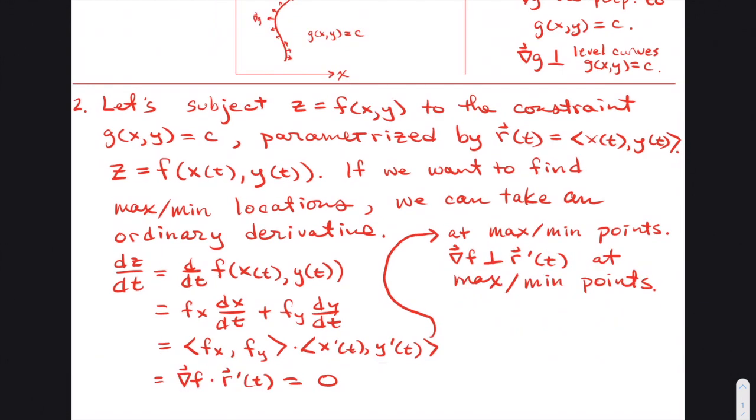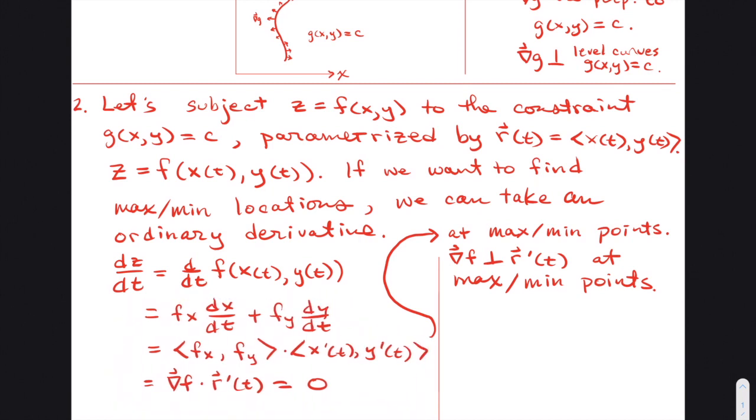So what we've got out of all of this is that the gradient of f is perpendicular to r prime at max mins.